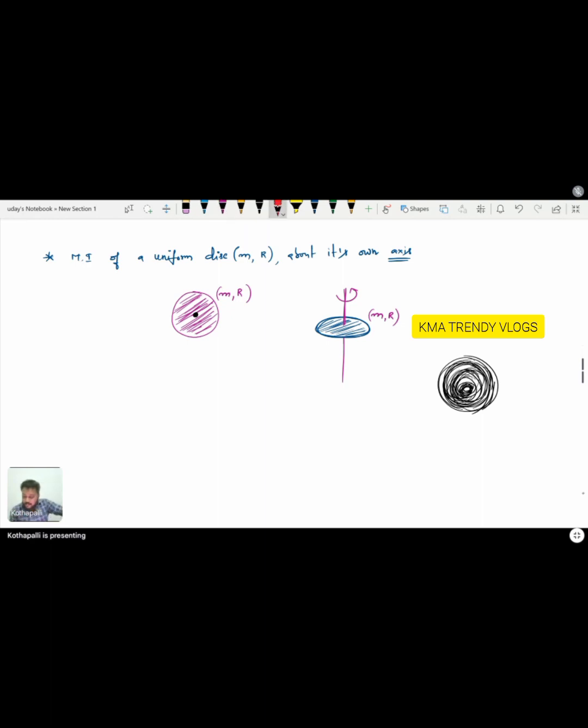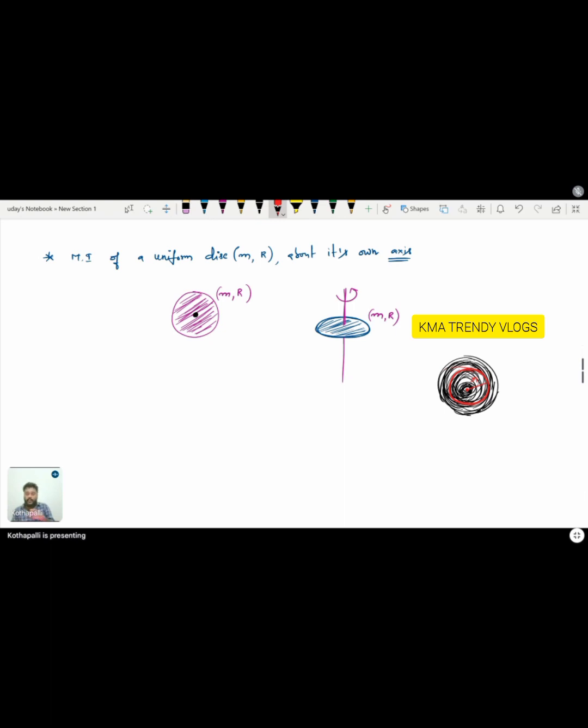Exactly like that, I'm taking a ring part in this complete disk, a ring part of radius small r. The moment of inertia of this ring I can write as the mass of that ring part into r square of that ring part.